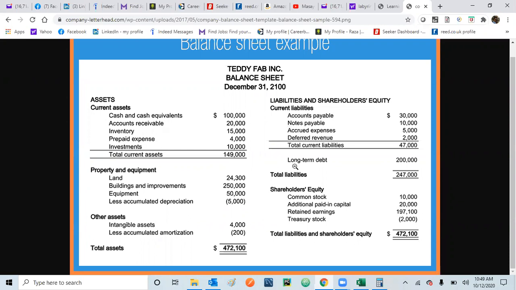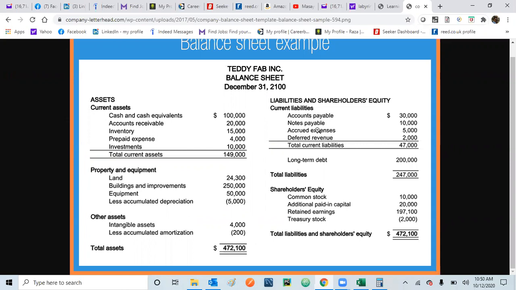So just to give you the idea, assets, liabilities and equity are the three main factors for a balance sheet. Assets comprise all the assets you have, either the current ones or properties, which are the fixed assets.